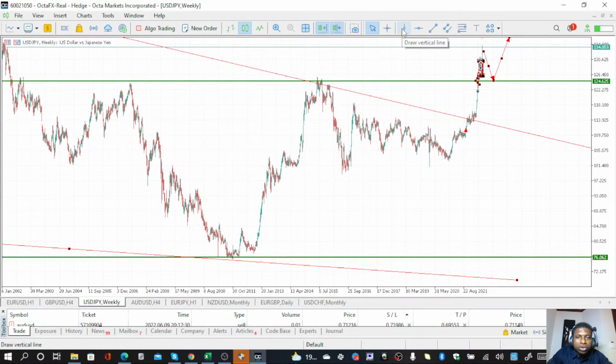I want you to see something and know that this market might go bearish for a while. In 2007, no candle ever reached this place. All through, no candle attained this height. And then in 2022, we now have a candle at that level.